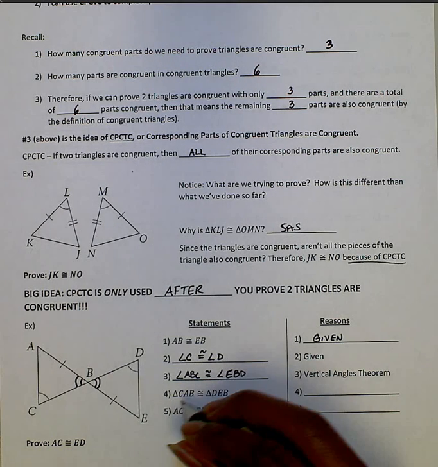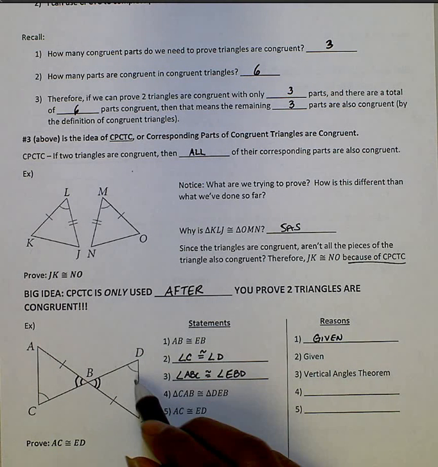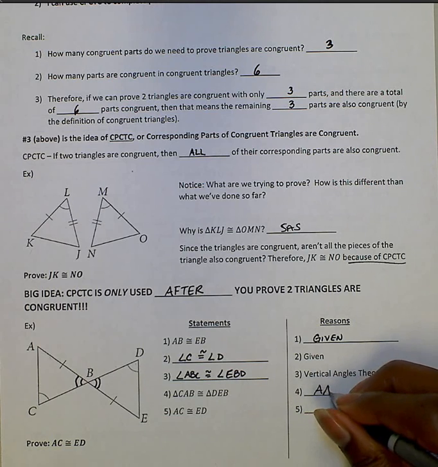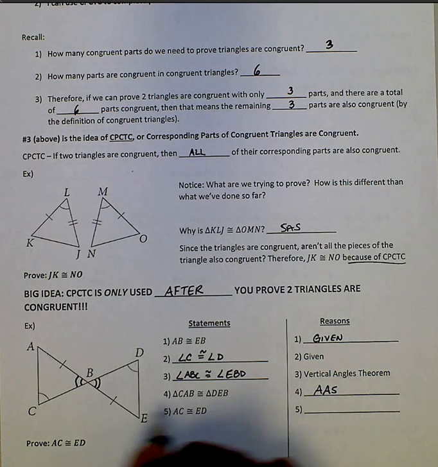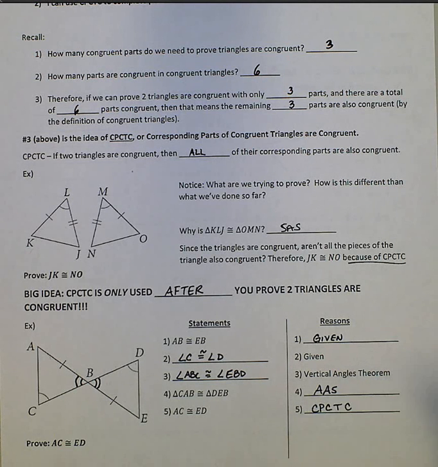I can say that CAB is congruent to DEB because of angle, angle, side. Angle, angle, side because the side is not included, so it's not angle, side, angle. And now that I know that these 2 triangles are congruent to each other, then I can say, hey, AC is congruent to ED because corresponding parts of congruent triangles are congruent, or CPCTC.